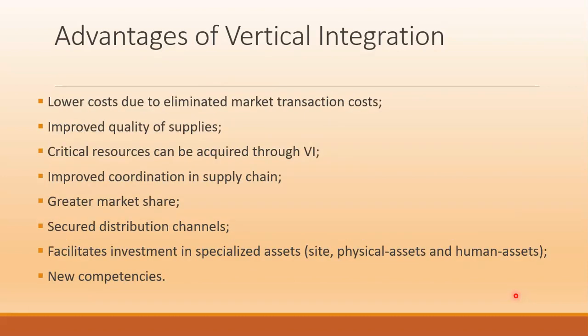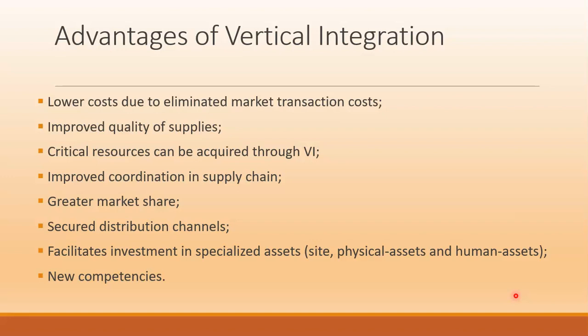So now let us look at some advantages of vertical integration. Some advantages are lower cost due to eliminated market transaction costs. You may have improved quality of supplies. Critical resources can be acquired through vertical integration. Improved coordination in the supply chain, because then it is moving from company A to company B, which the same holding company owns.